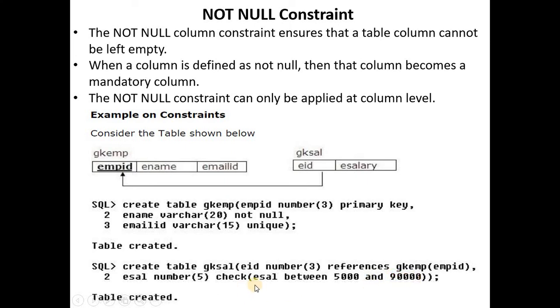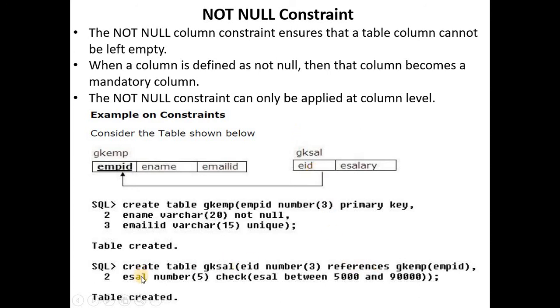Here, once you try to insert a row into this GK salary, it will check that the EID you are trying to enter is present in the GK emp table's emp IDs or not. Only if it is present in the emp ID column of GK emp will it allow that EID to be inserted into the GK sal table's EID.